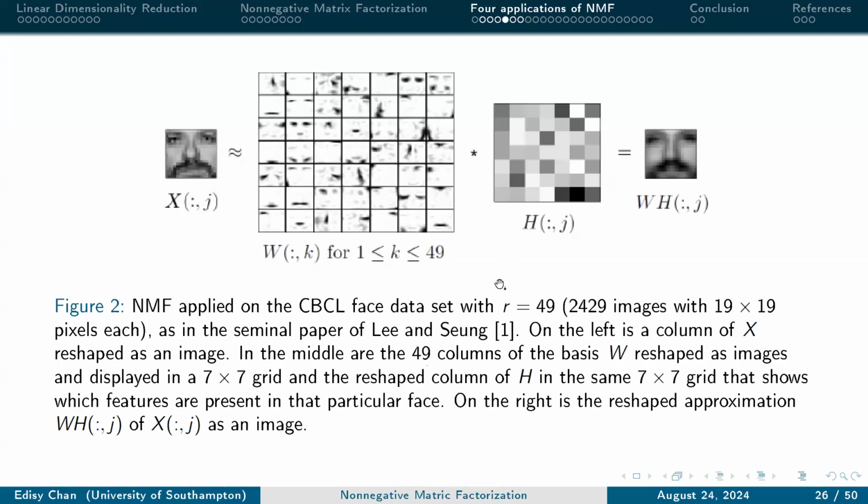Now if we consider the reshaped columns of H as a 7x7 group and do the multiplication here, we get an approximated input image. The original image is like that, and this is the approximated one.